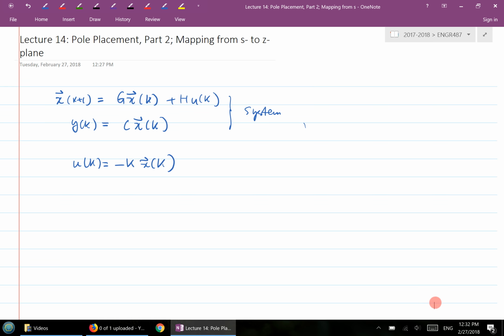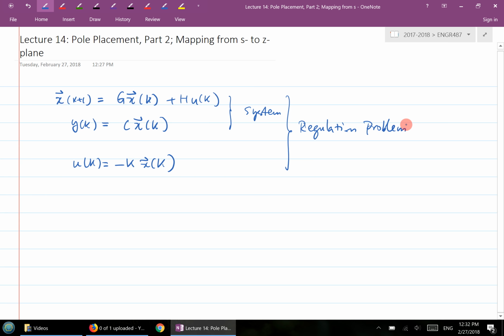So all of this together, with this negative feedback, you basically end up with the so-called regulator, or we call this the regulation problem.